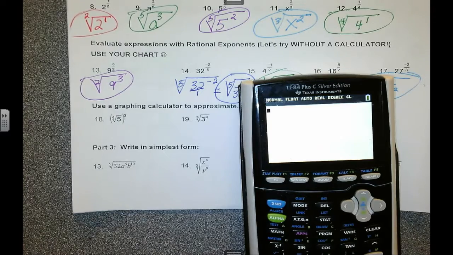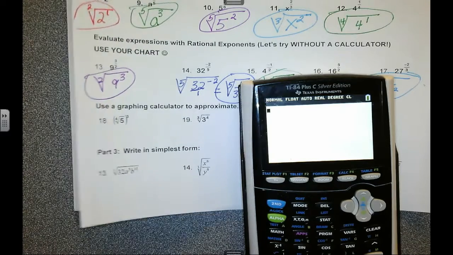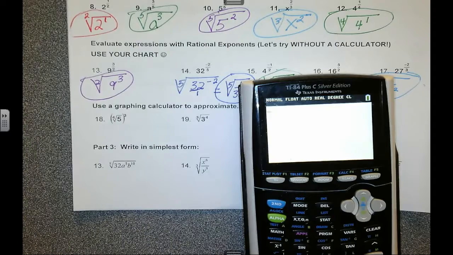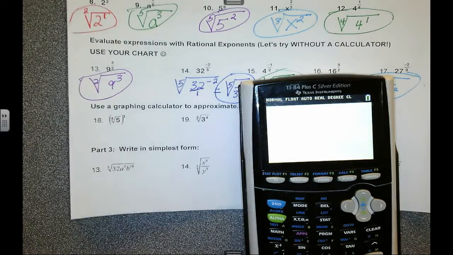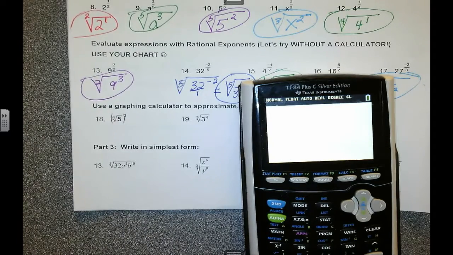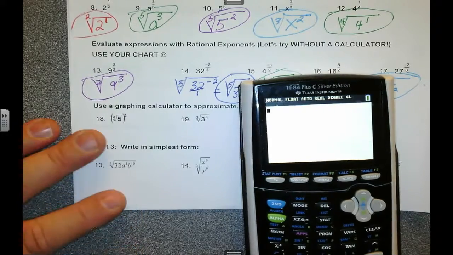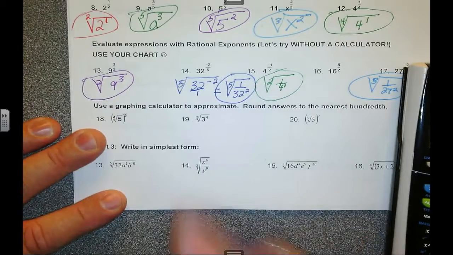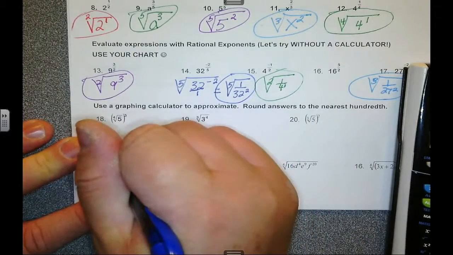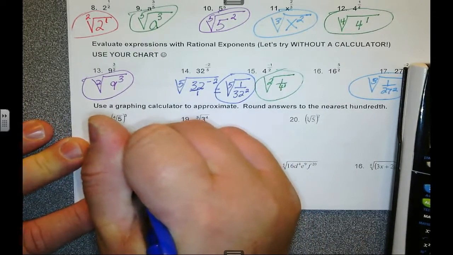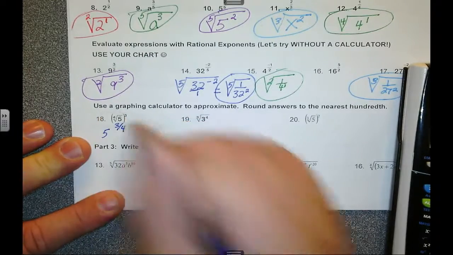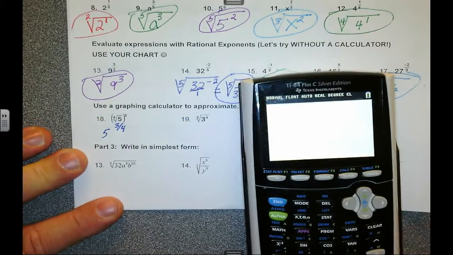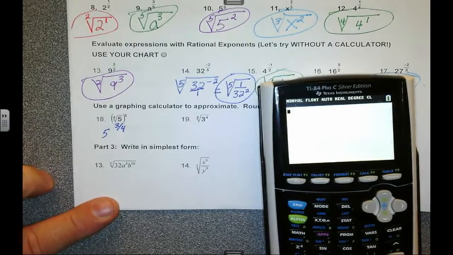It was way too many buttons for me to keep in my memory. So I always put it in exponential form. It's just easier for me. Okay? So this is in radical form. There's my base, there's my exponent, here's my index. It's easier for me to do it in exponential.